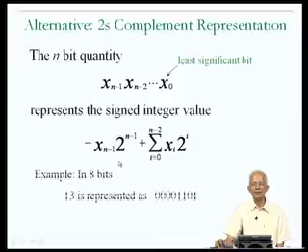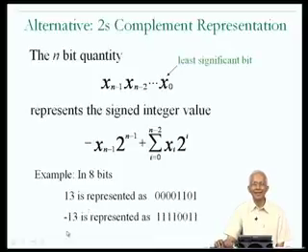So the net effect is that, for example, if I wanted to represent in 8 bits plus 13, the value would be similar to what we saw in the sign magnitude representation. x n minus 1 is 0, therefore this term is effectively 0, and the magnitude is the same as we had in the case of the sign magnitude representation.